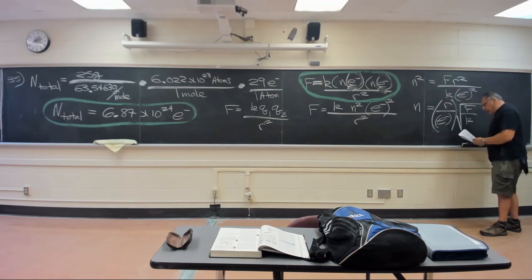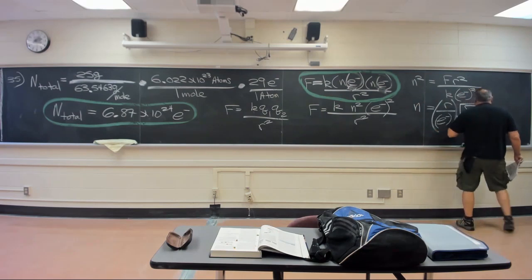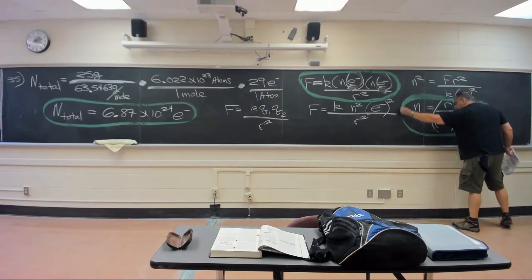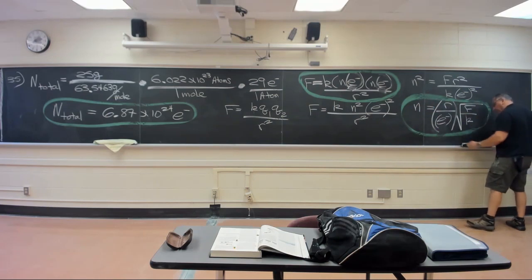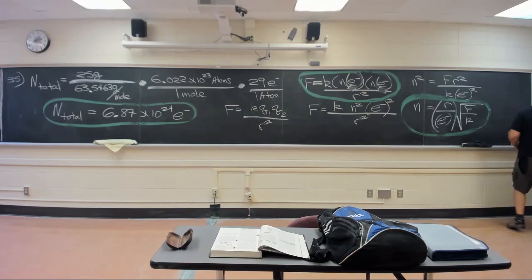Plug all that in there, and this will happen for us. This is where we're going. Once you get to here, you're plugging in all the values. Careful with it. What are they saying? N is the transfer.